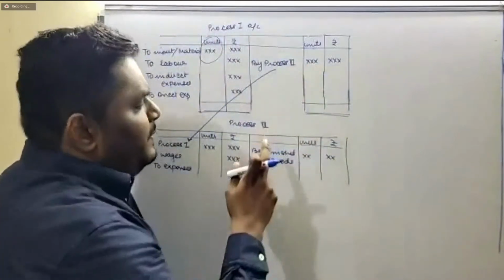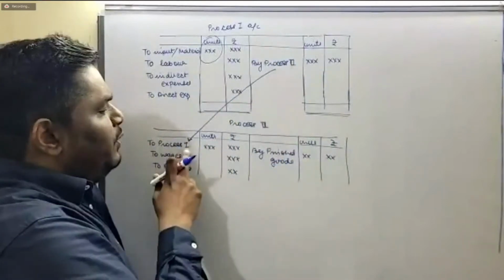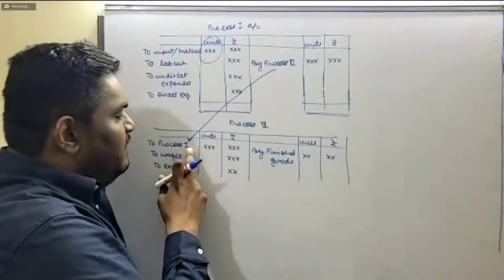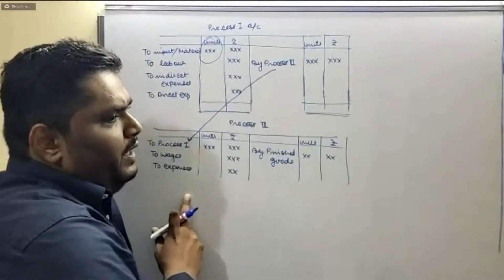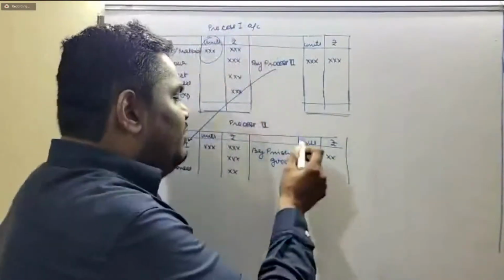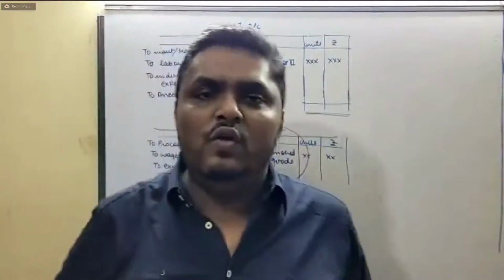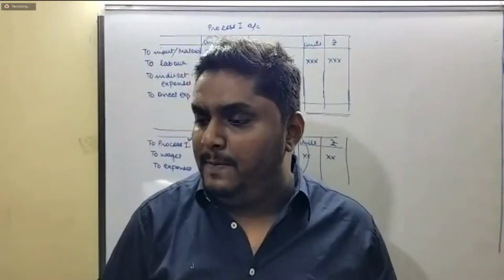When preparing the process second account, the first point will be the input received from process first. Further, whatever expenses are incurred in process second will be recorded. Assuming there is no process third, the output of process second is to be transferred to finished goods. So this is how the basic process account is prepared.